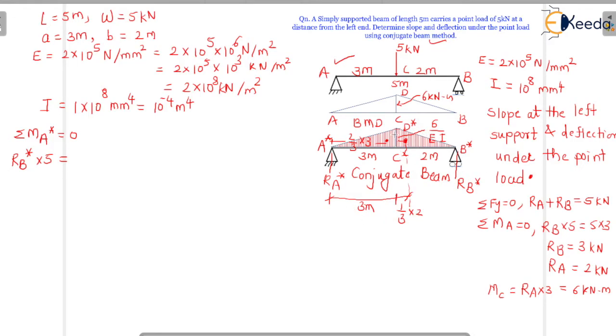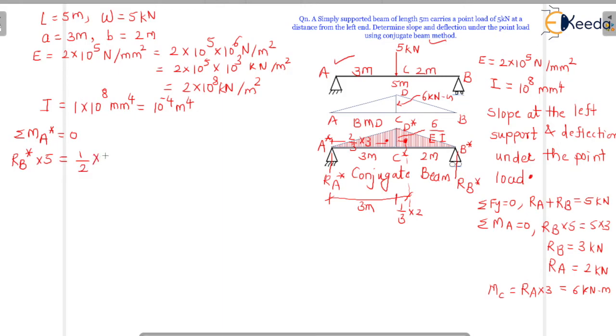So once we get this, what is that we will write? It's moment about A. So now let us write area of triangle A star, C star, D star. So what is the area?